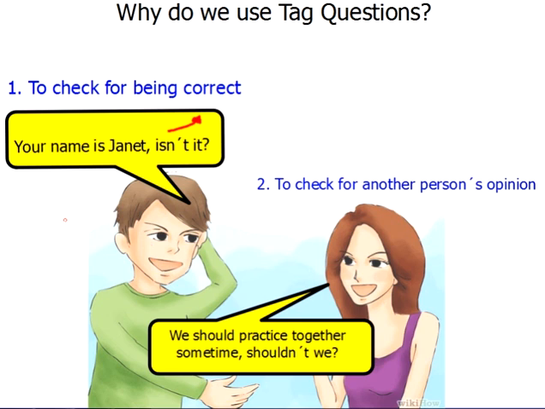So when Janet said, we should practice together sometime, shouldn't we? In this context, there is no rising intonation when you want to ask for someone else's opinion. So these are the two reasons why we make tag questions, and I hope this was helpful in learning how to make tag questions and why we use them. Good luck.